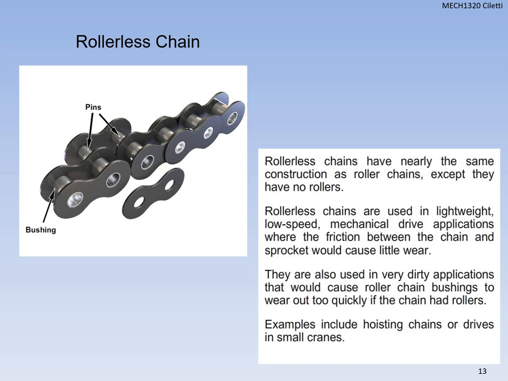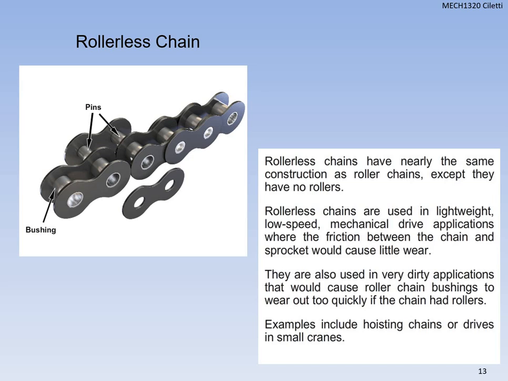So always use these in low speed drives. We also use them in dirty applications, which would cause the roller chain bushings to wear out quickly. This is where rollerless chains are better, because the roller chain might get junk stuck underneath it, so that it can't spin.